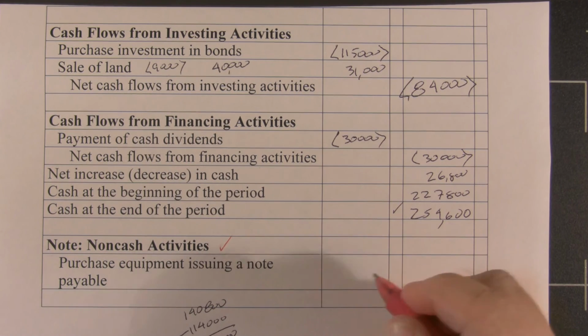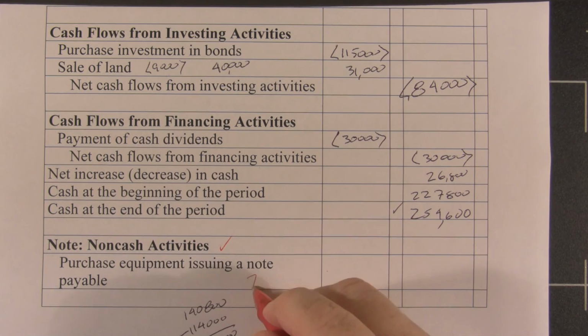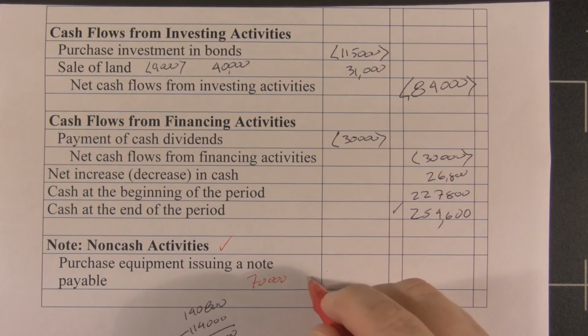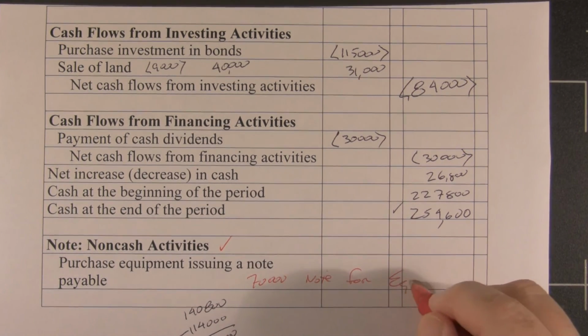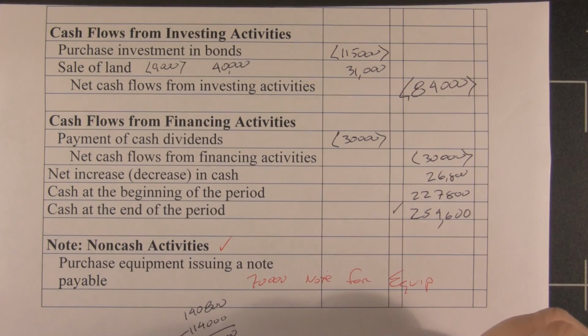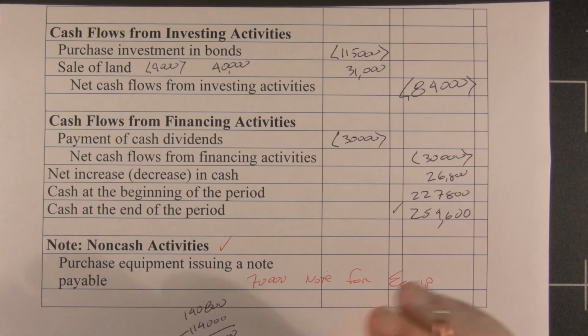So we have to include the $70,000 note for equipment. And that explains the difference in the notes payable in the financing section, and the difference in equipment up in the investing section.